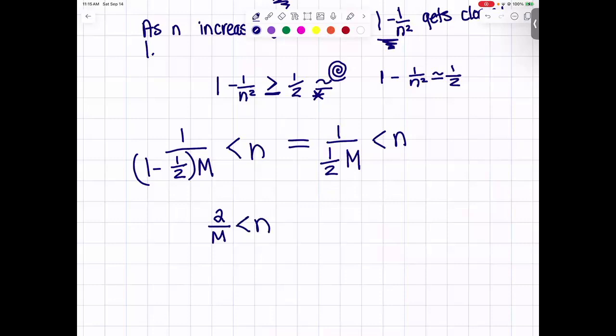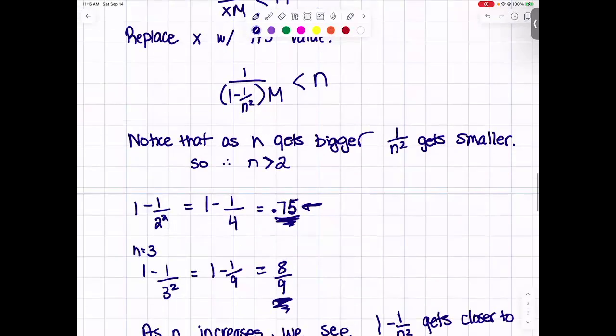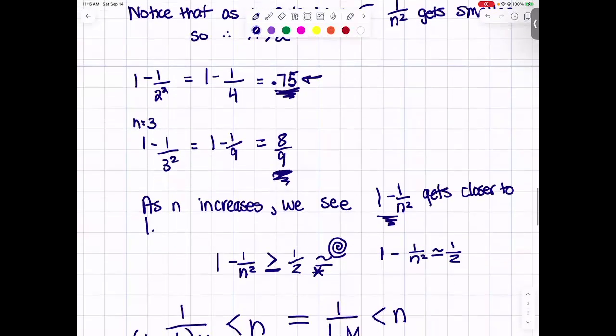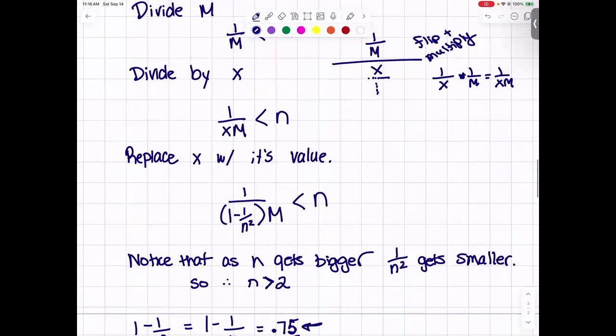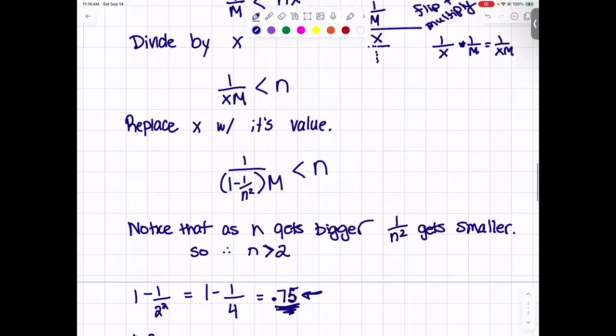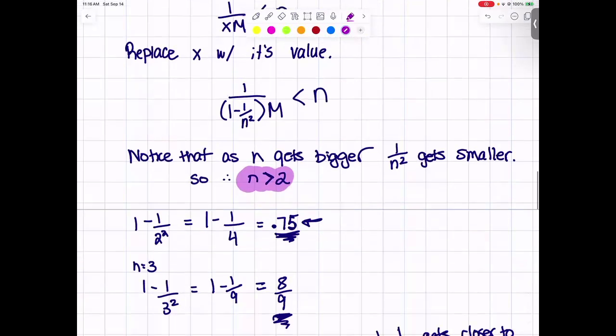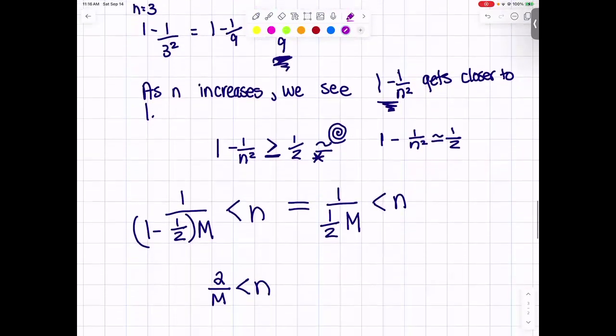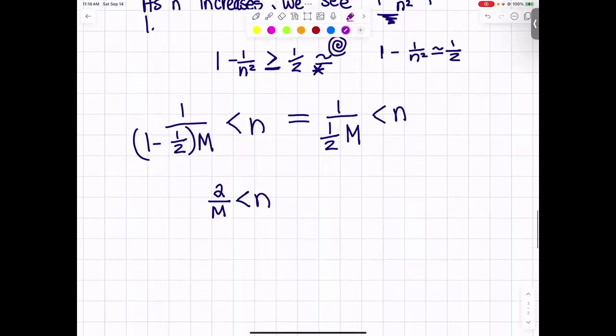So we have now determined 2 different scenarios that as n gets big, we can say something like, where did we write as n gets big? Right here. As n gets big, we can say something like n needs to be greater than 2. But in the case where n might be small, we might need to consider a different value.